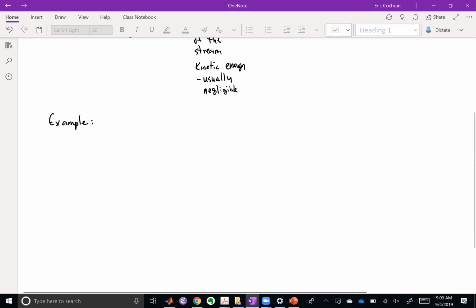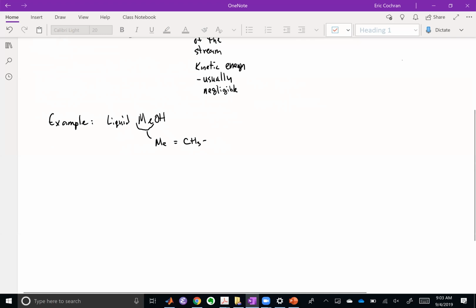So we're going to consider an example that features liquid methanol. Are you familiar with that notation for methanol? Me is a frequent OChem shorthand for methyl, and OH is obviously methanol.